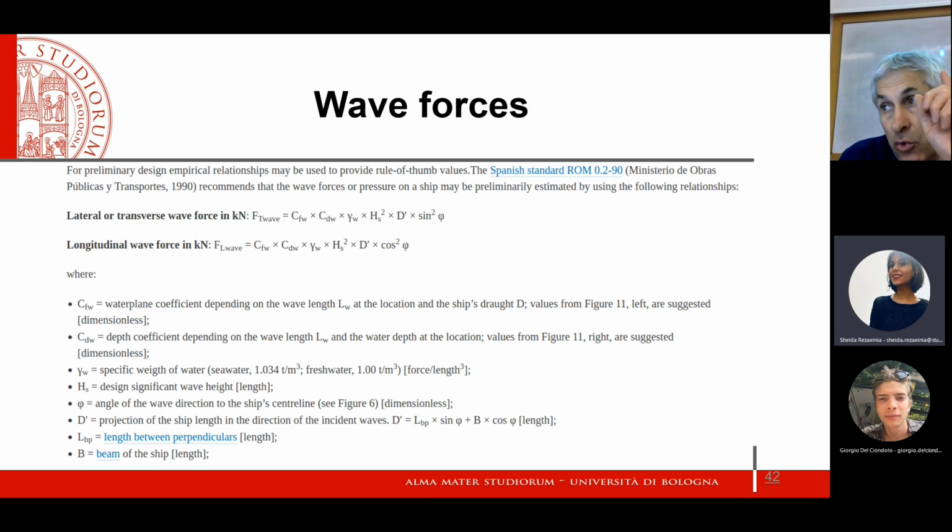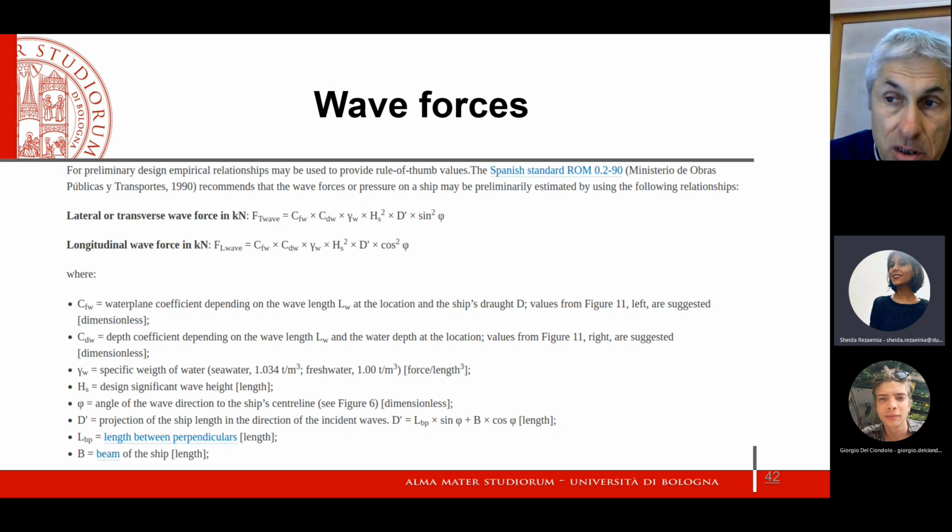And then we have two coefficients: the water plane coefficient, which depends on the wavelength and the ship's draught. I don't know the pronunciation, I think it is draught. And then we go to my web pages to see how to determine this water plane coefficient. And then we have a depth coefficient depending on wavelength and the water depth.